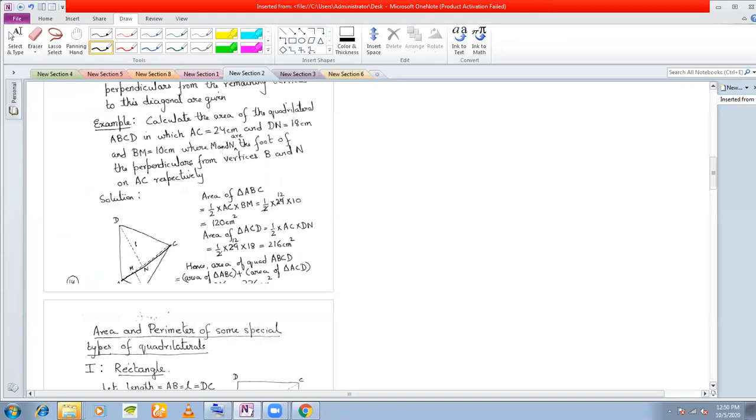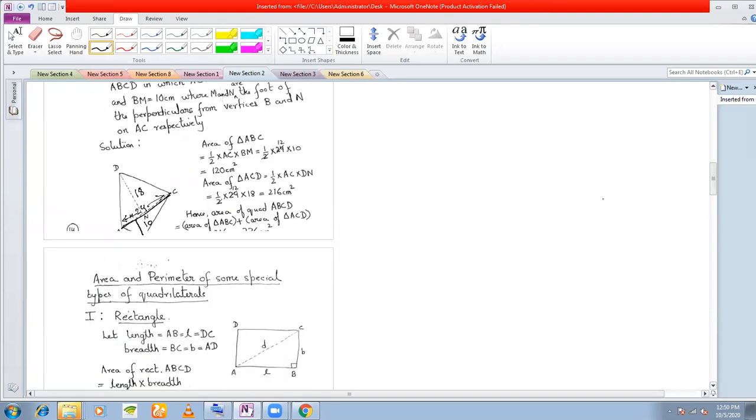DN, this length, is given to be 18, and BM, that is this length, is given to be 10, and this entire length is 24. So what you see is that this quadrilateral consists of two triangles again, this red triangle here and this blue one here.